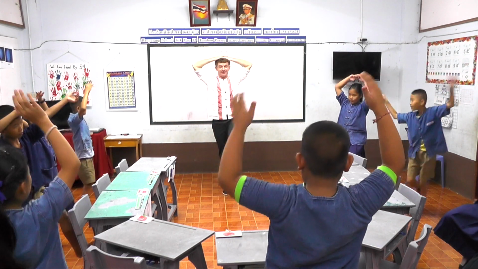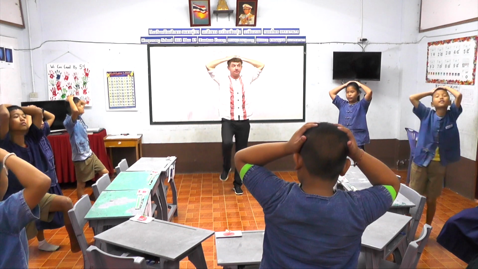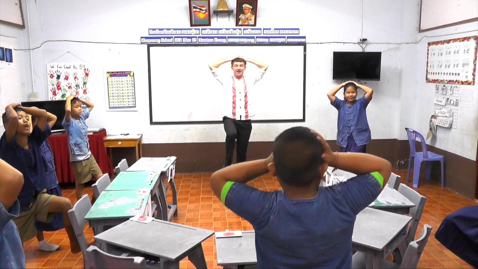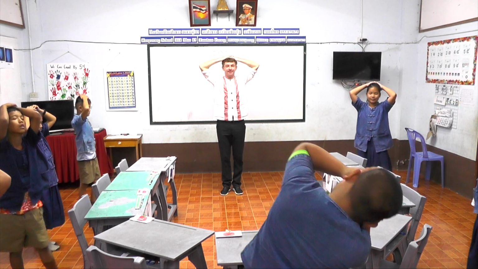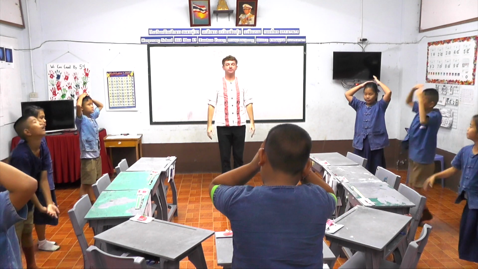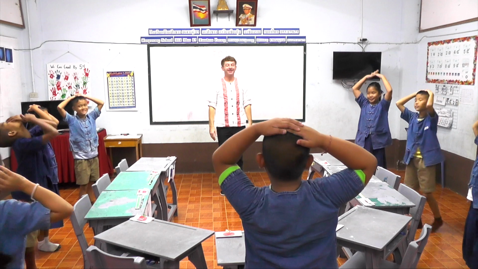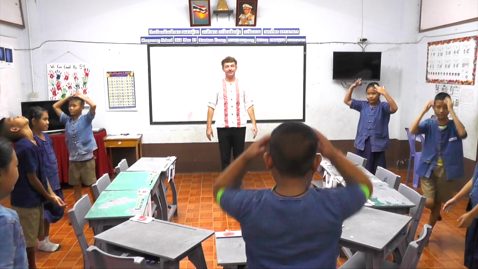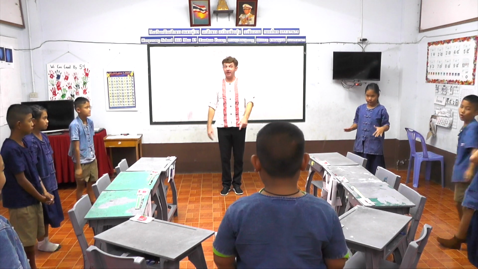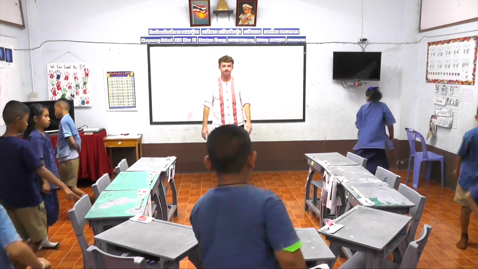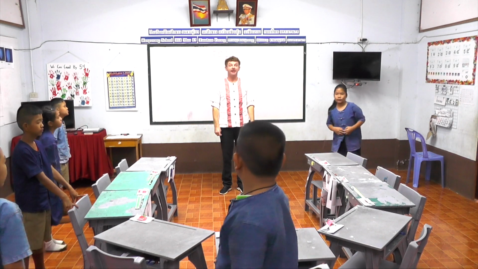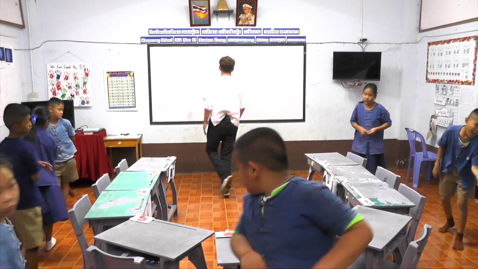Teacher says, hands on head. Swap legs. Well done, guys. Teacher says, stand. Arms by your sides. Teacher says, arms by your sides. Teacher says, turn around. And teacher says, turn the other way.